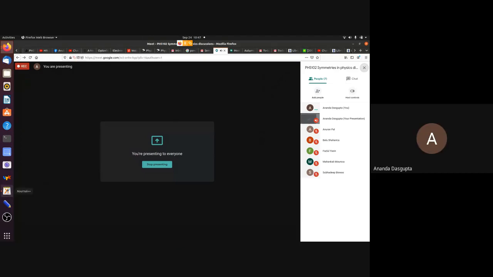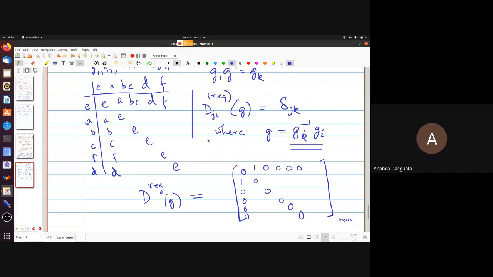The question is, is this understandable? This procedure for finding the regular representation matrices? Once again, I can't hear any of you saying either yes or no. Yes, sir.